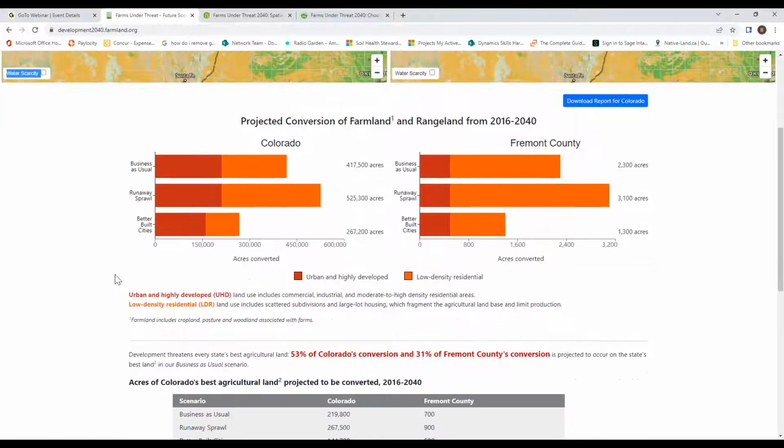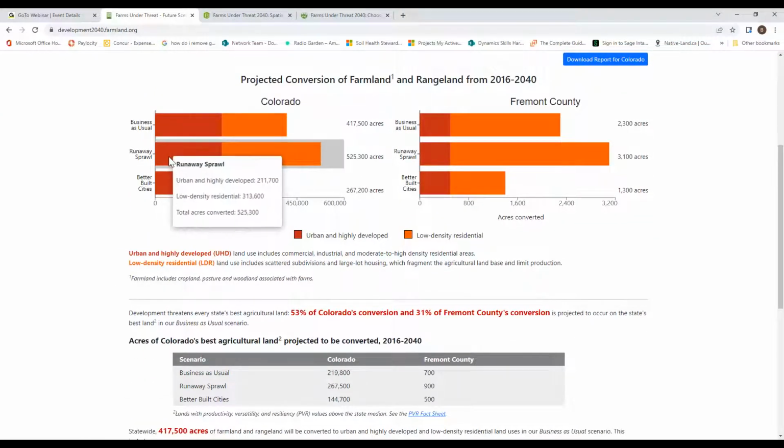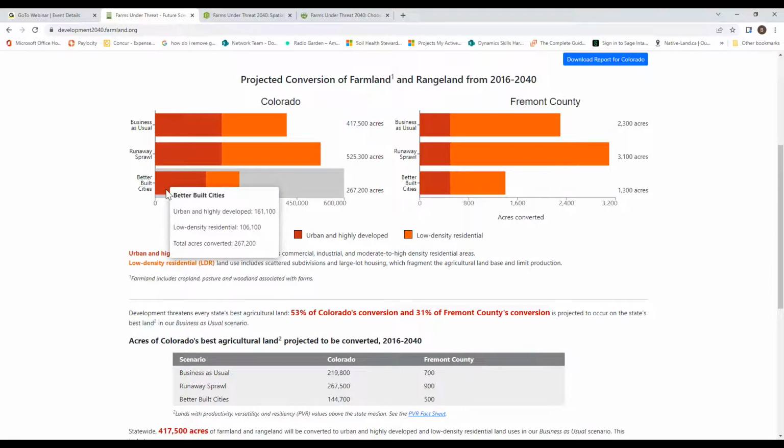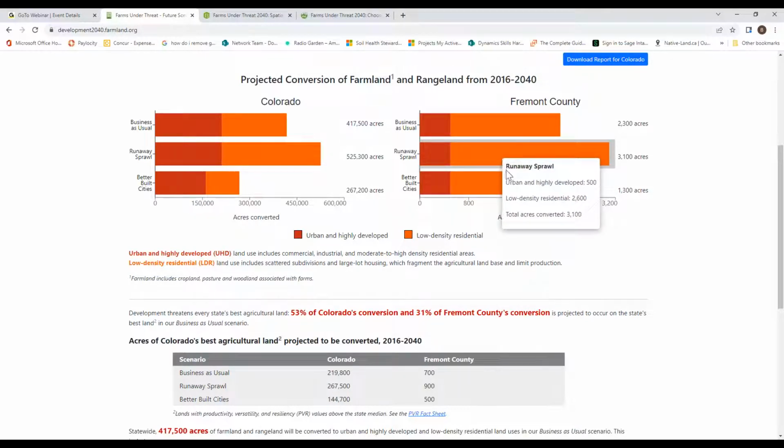So let's look at what information is available on this page. On the left-hand side, you can see this darker color is the projected conversion to urban and highly developed land, and the bright orange is the low density residential conversion. And again, that's statewide data on the left and the county data on the right. Looking here, you see total conversion projected of 417,500 acres under business as usual.